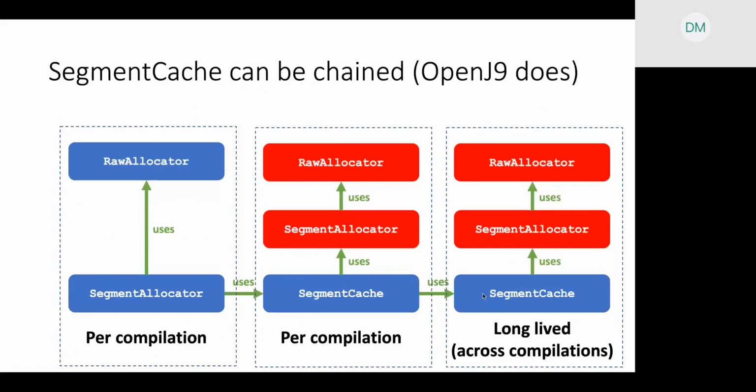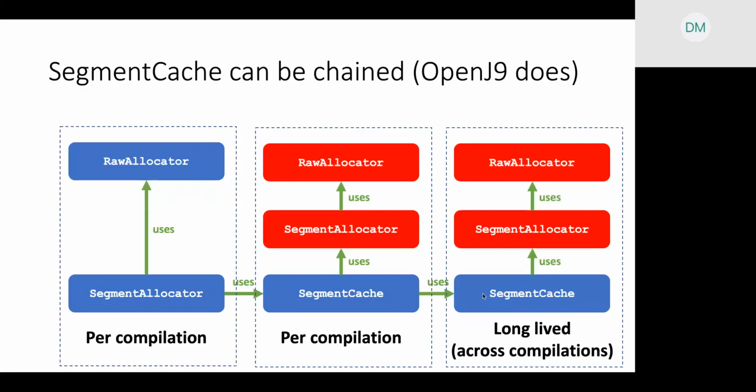And would it be possible just with the APIs to have the segment allocator on the first segment cache also have a segment cache? I don't see why not. The only difference between those two segment allocators is really the constructor arguments that are passed to it, as well as whether or not it has passed a cache.